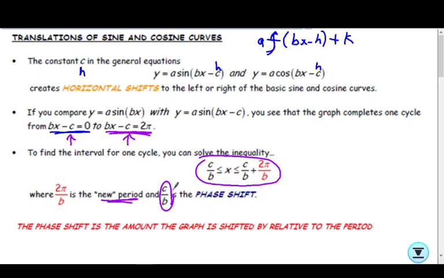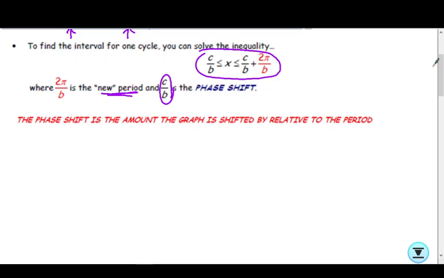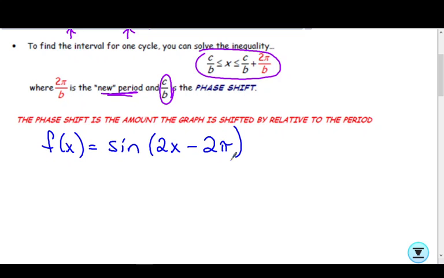Okay, and what that means is, and this is the first time we've kind of had to deal with that, is that if you had something like this, my f of x equals sine of, say, 2x minus 2 pi. If I said, what's my horizontal shift?